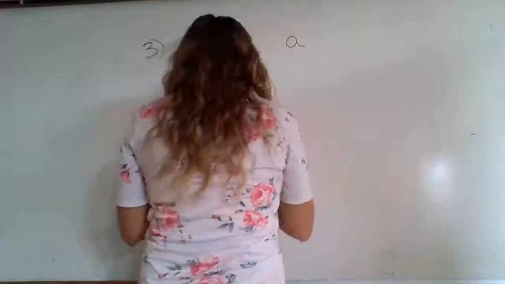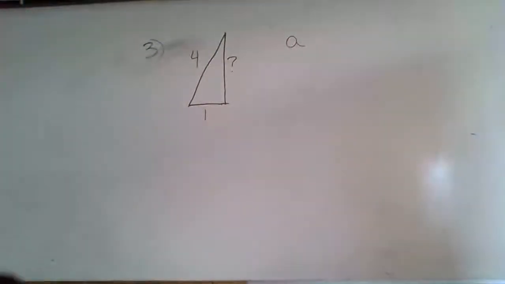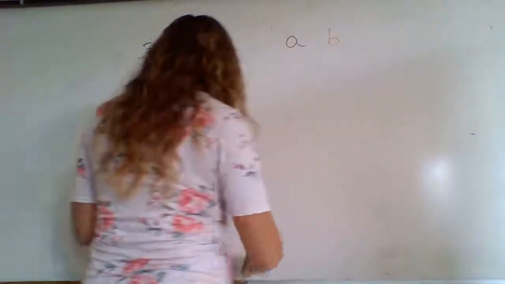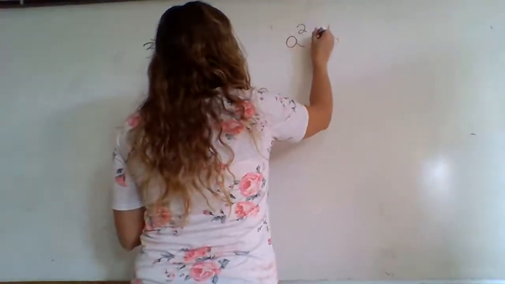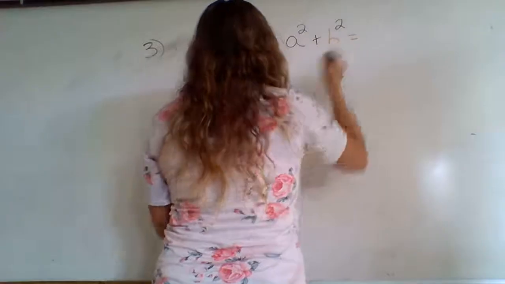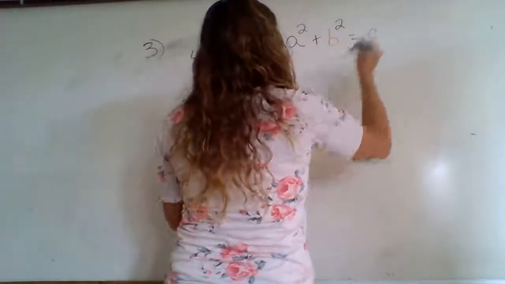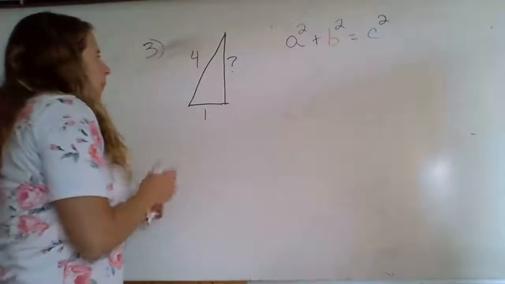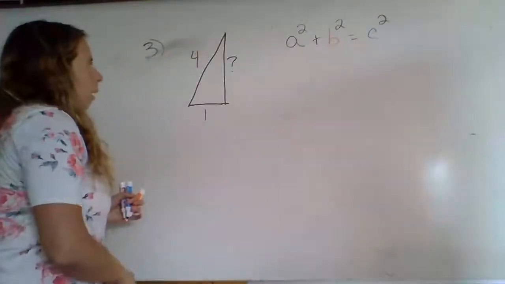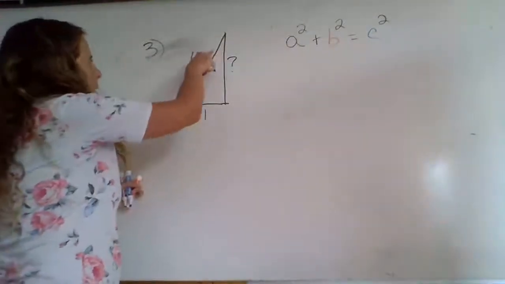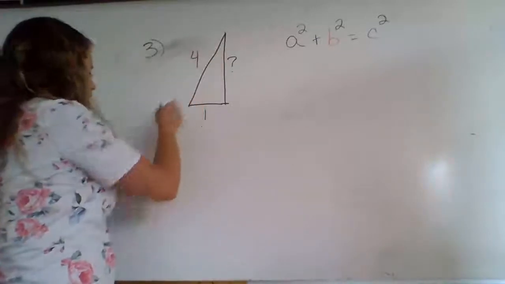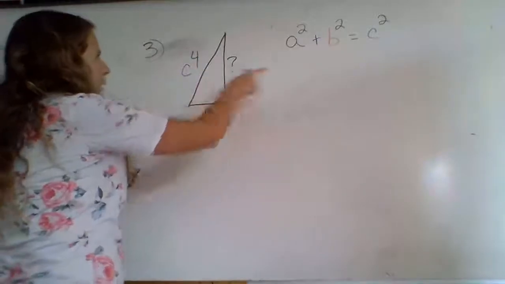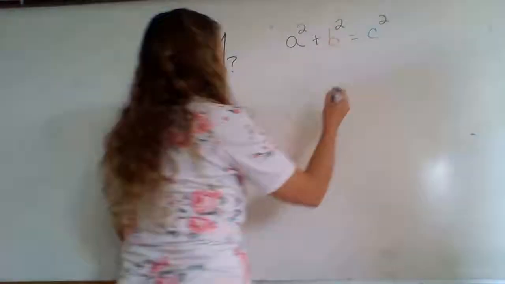A squared plus B squared equals C squared. Okay. This time, we know our hypotenuse. We know C. This is C. So C is 4. So I'm going to go ahead and substitute that in.